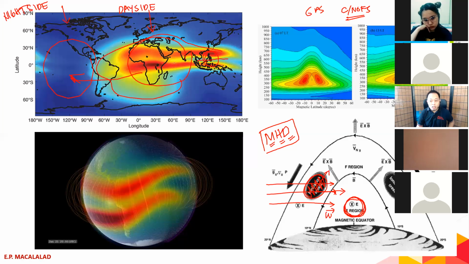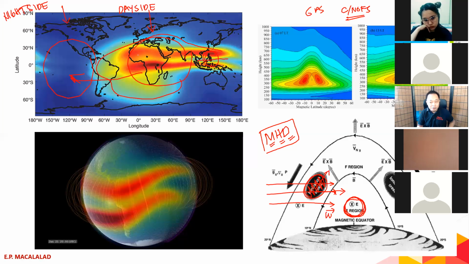And this is very important for them kasi for military purposes. Most of their military activities are in the equator. They have bases along Hawaii, Guam, di ba? In the South China Sea, in the Atlantic Ocean, in the Indian Ocean, marami silang dyan.